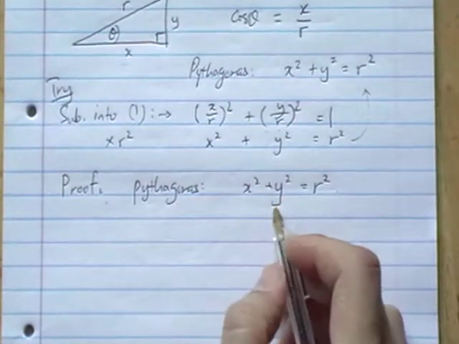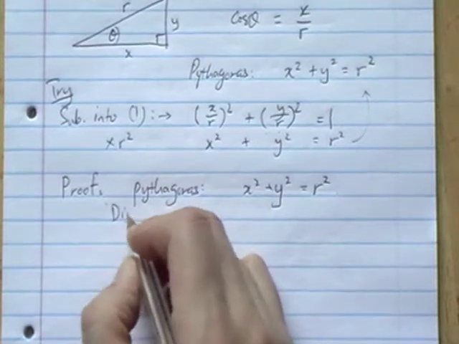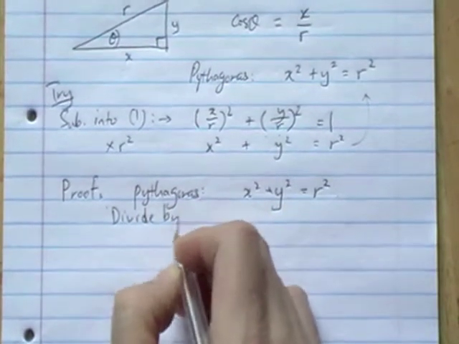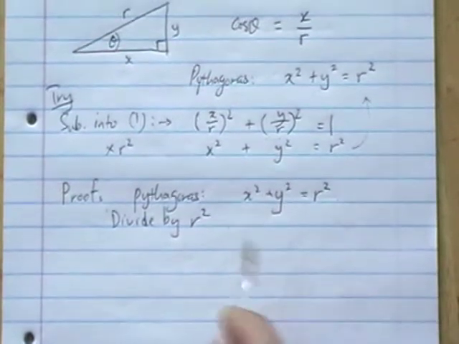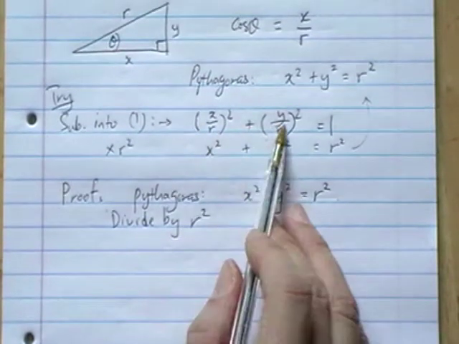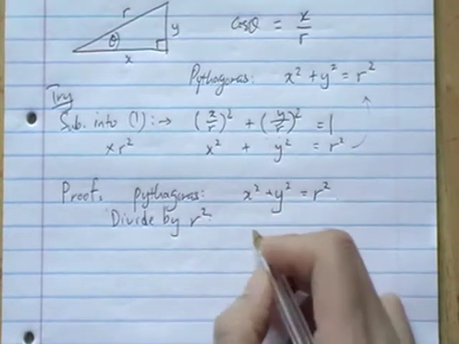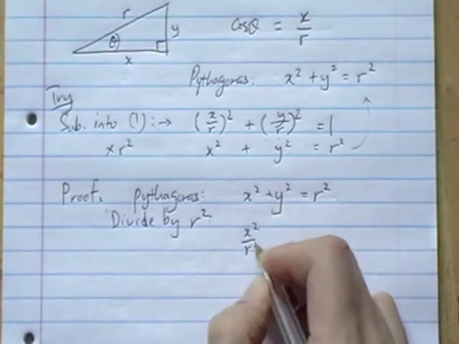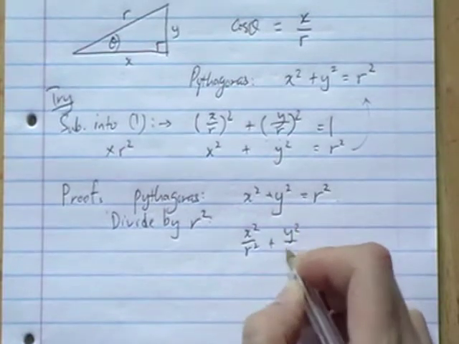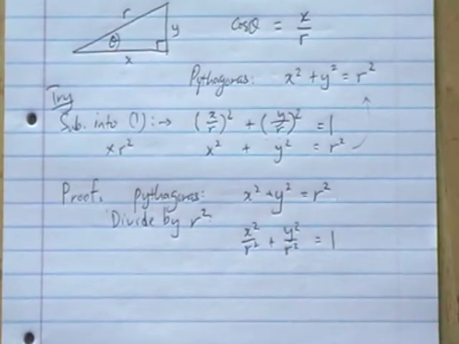Then divide by r squared, because I want to turn it into this, which gives the sine and cosine. This gives x squared over r squared plus y squared over r squared equals 1.